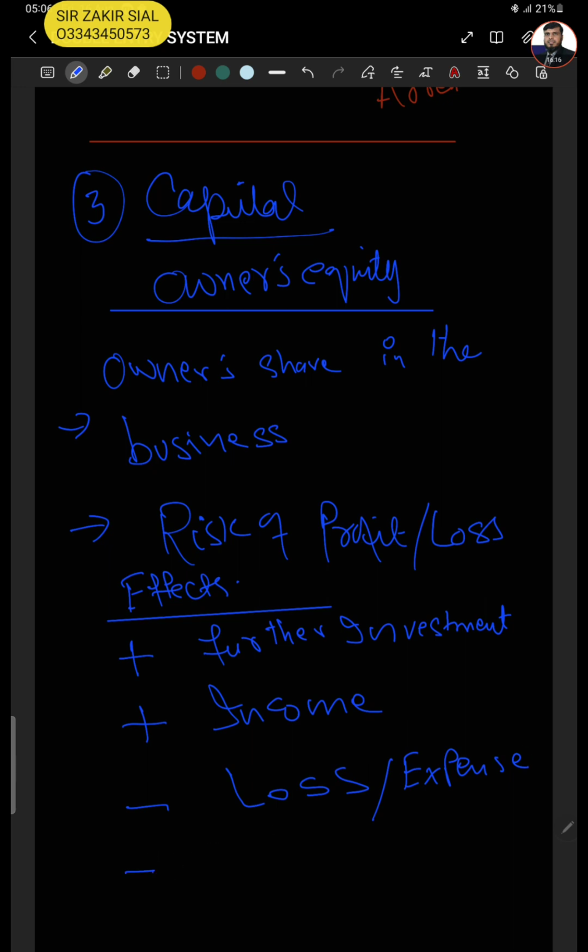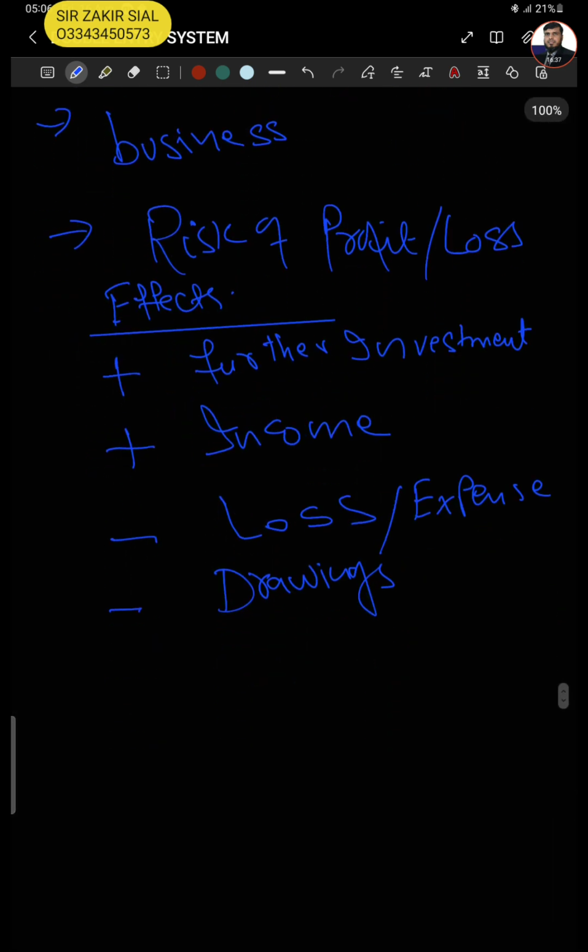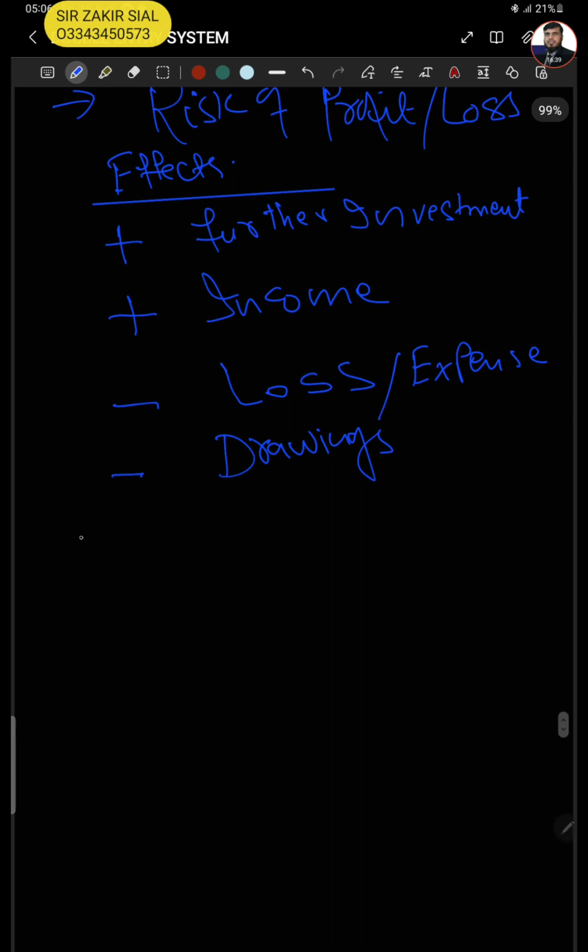And if the owner withdrew some goods or cash from the business for personal or private use, that is called drawings, so drawings will decrease the capital. We will further practice these things in the later chapters.